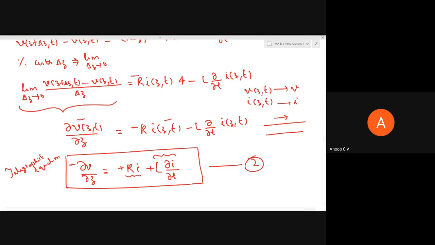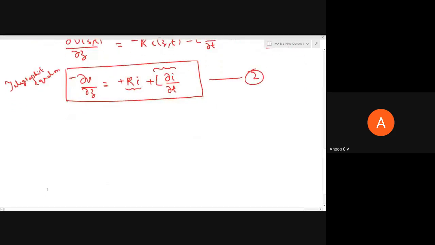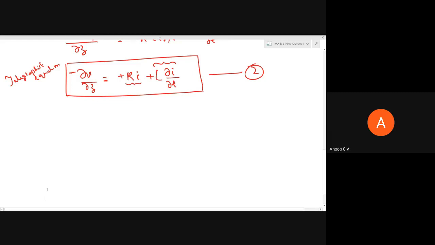It's not a useless equation; it has a very beautiful meaning. Voltage variation is attributed to the drop across the resistance and the voltage developed across the inductor. So now we have a coupled equation, meaning we have both v and i, which gives voltage variation with respect to z as a combination of ri and L ∂i/∂t.